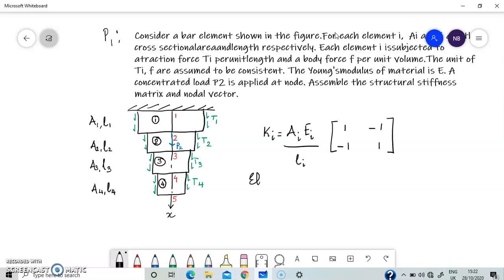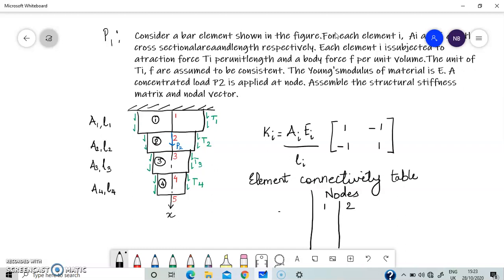So let us tabulate the element connectivity. We have the elements and the nodes.